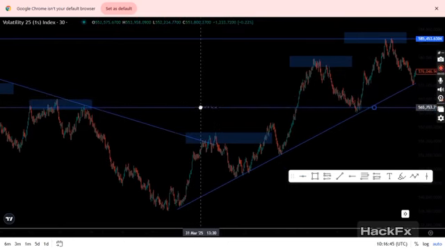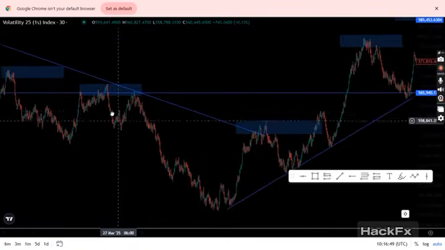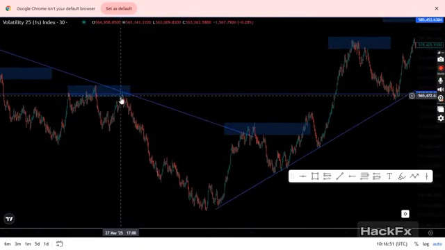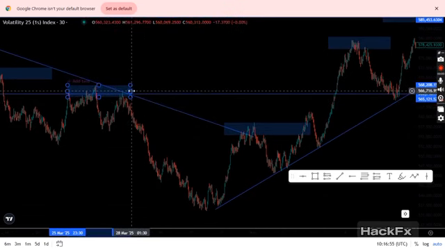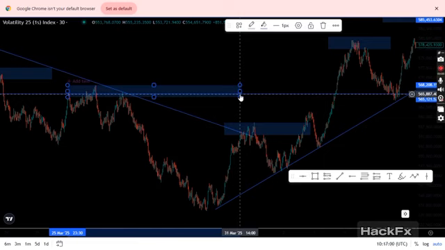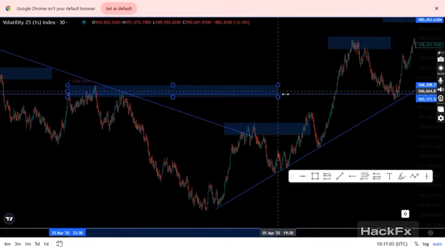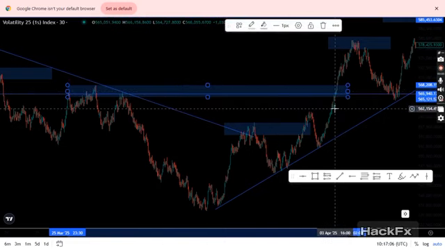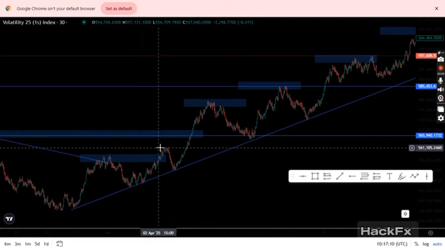Because why? This was the previous high for the bearish trend. So the moment this high was taken out, that was when we confirmed a bullish trend.